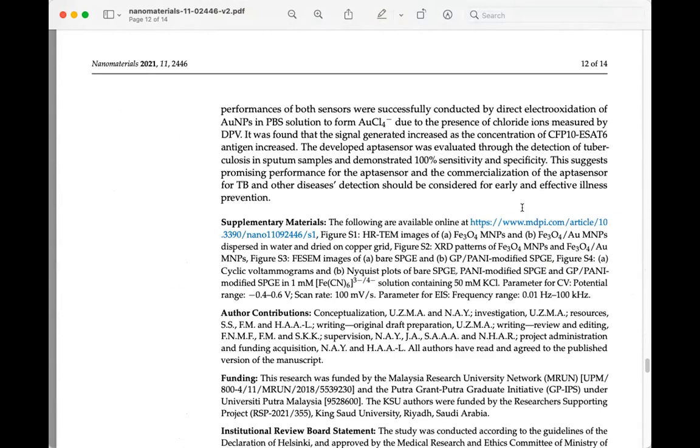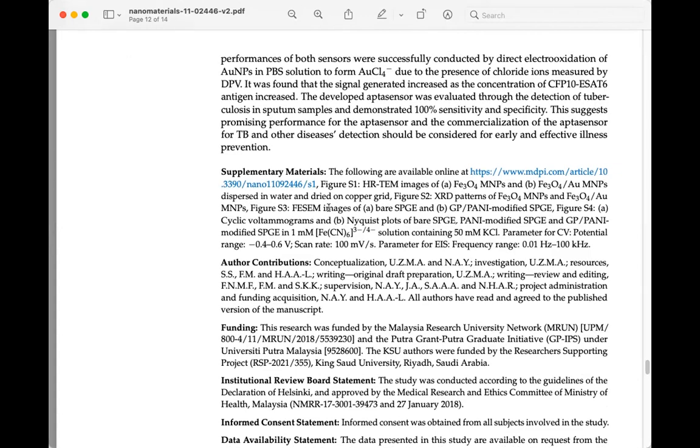But if you really want those results to be together, you can put them in supplementary materials. So let's say you have extras, too many results or too much data, and you really want it to be together in the report, you can put it in supplementary material.